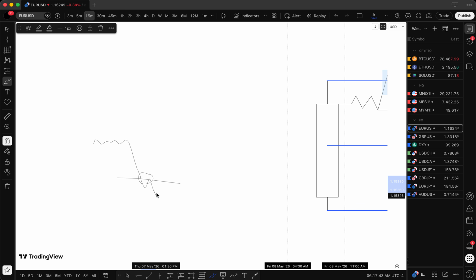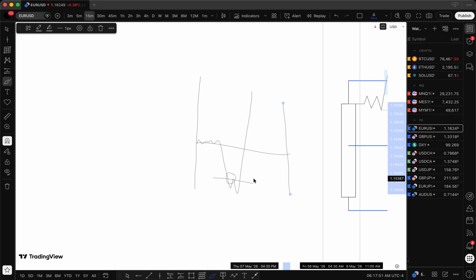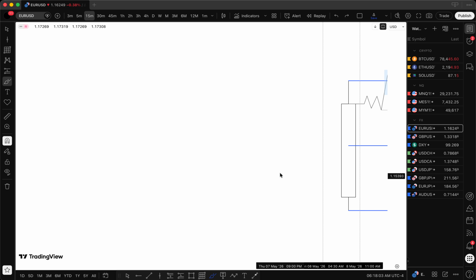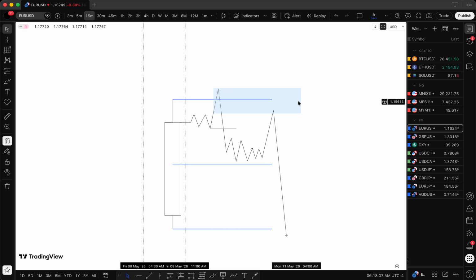Because you will get faded, especially if you are anticipating candle 2 into a key level, right? You will get faded, and then candle 3 will give the correct entry into the key level. This is the whole full logic behind candle ranges.